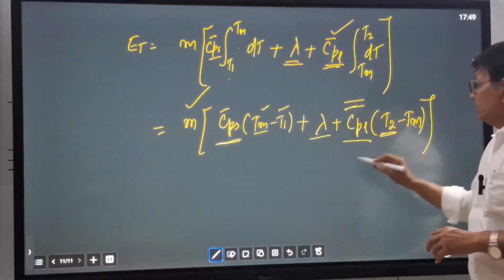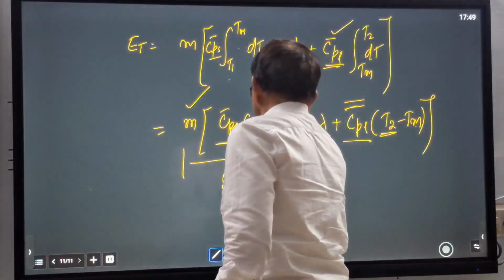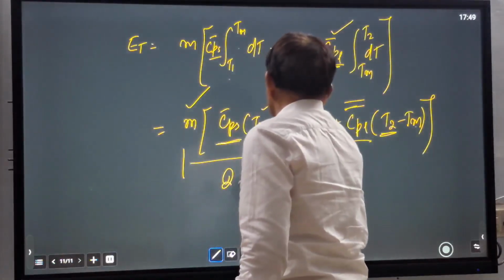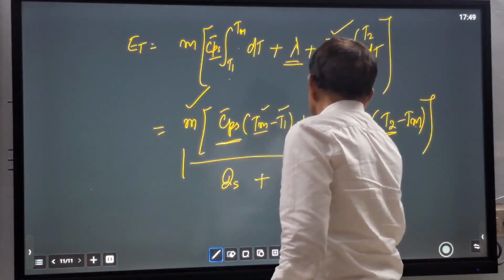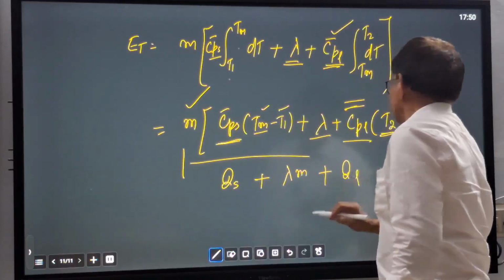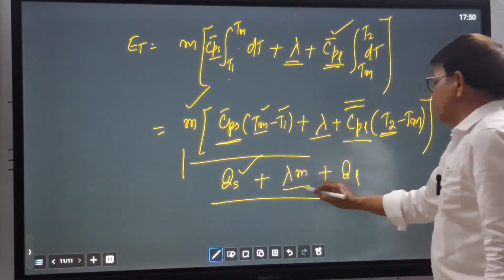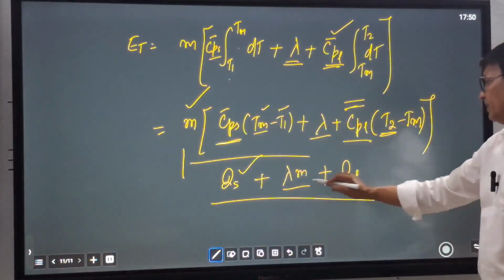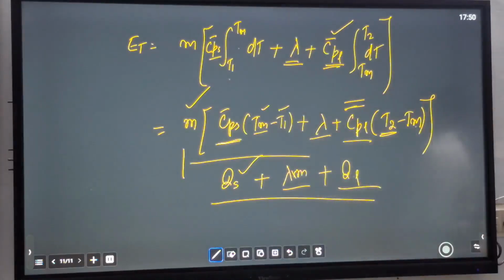So the total energy stored is Q: Qs in the solid state, plus lambda m during phase transformation, plus QL in the liquid state.